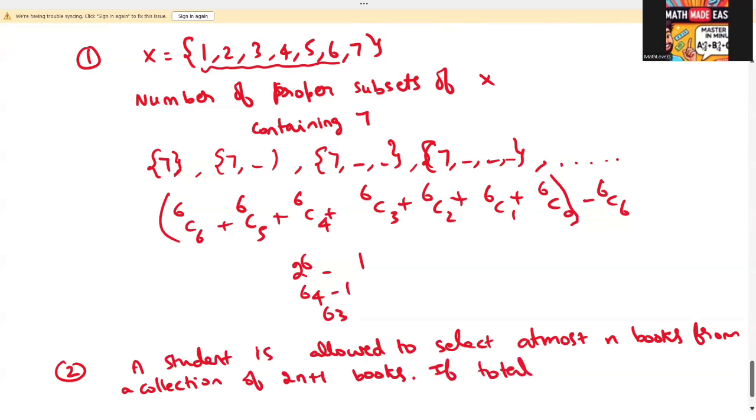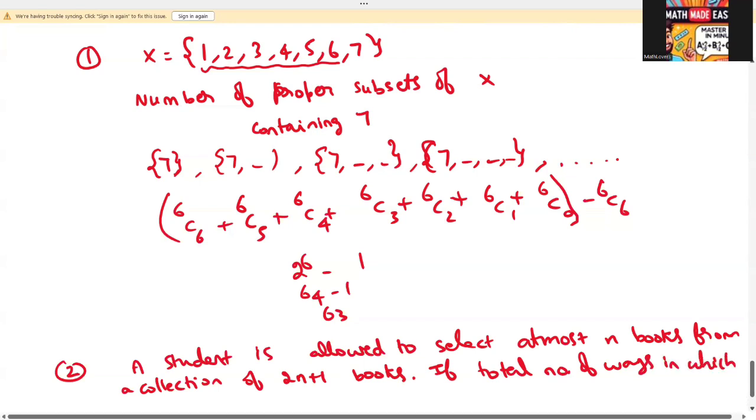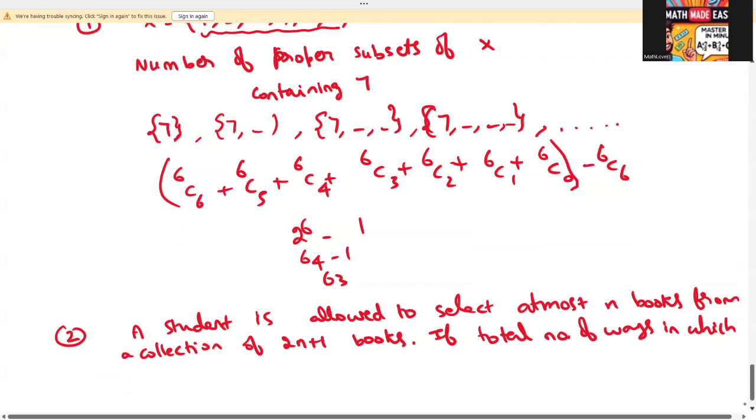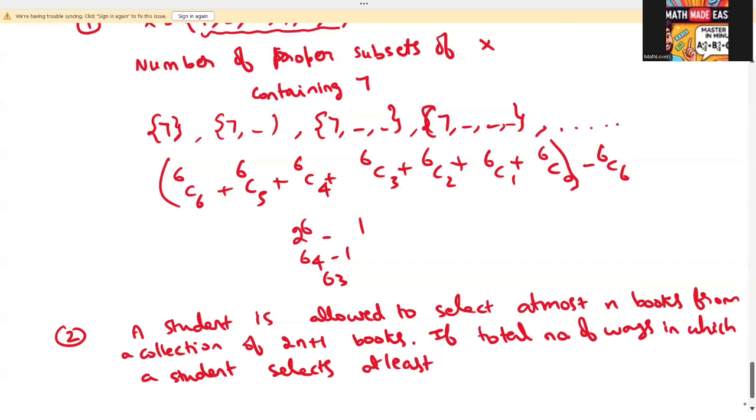If the total number of ways in which a student selects at least one book is 63, find n.